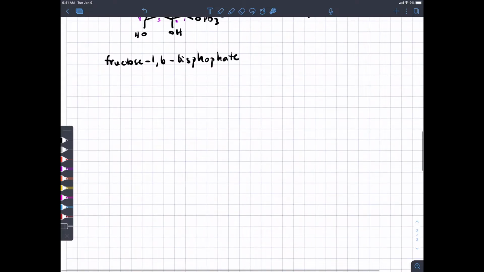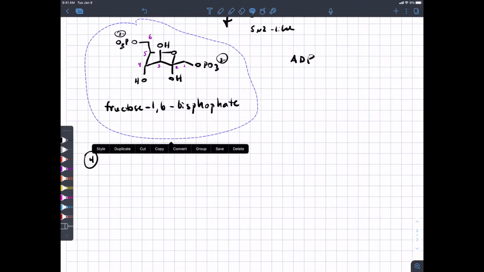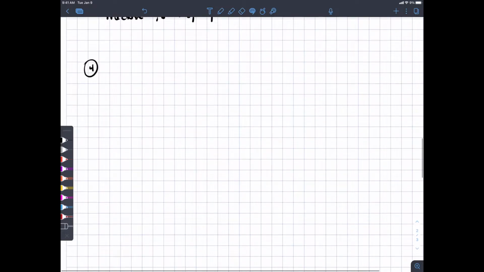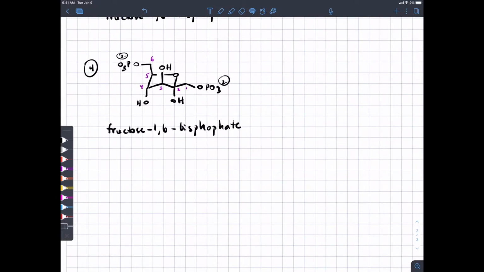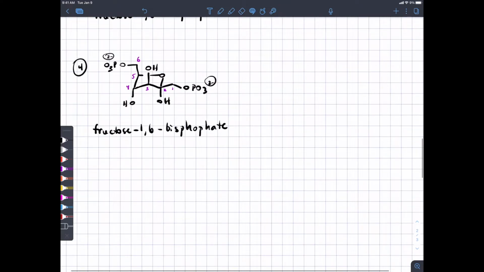And that is step 4. What I'm going to show you for this retroaldol reaction is a mechanism that may be simplified relative to what eukaryotic cells do. So if you later learn that there's a little bit more complications here, hopefully you'll be able to forgive me.